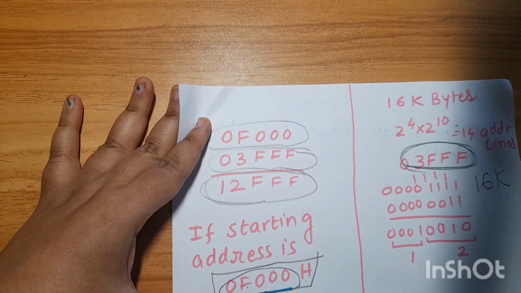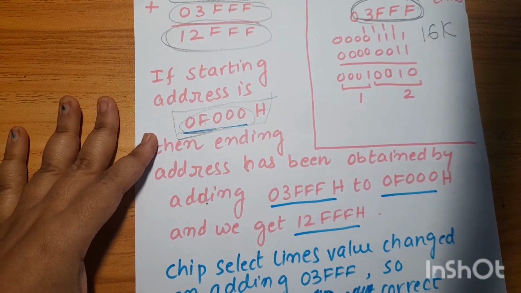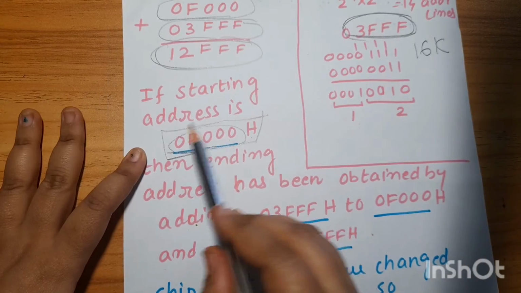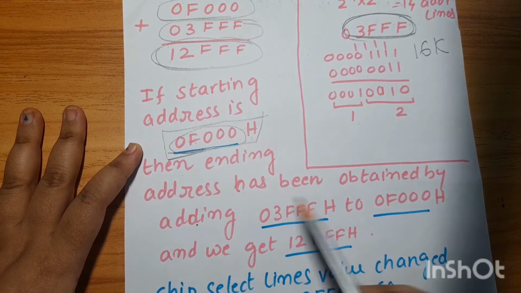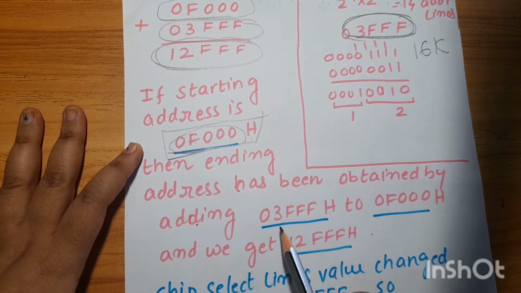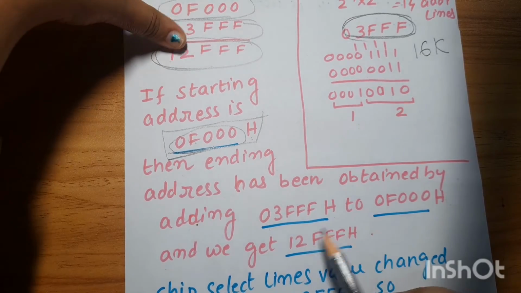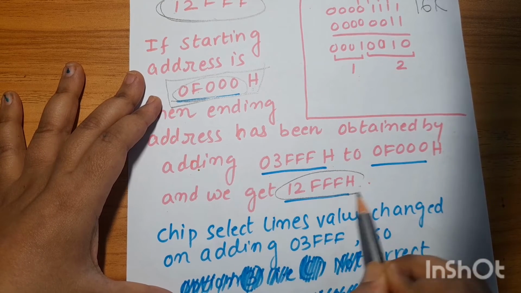This is the ending address in order to have contiguous, that is consecutive, memory allocation. So if the starting address is 0F000H, then the ending address has to be obtained by adding 03FFFH to 0F000H, and we get 12FFFH. If we do so, what will happen?